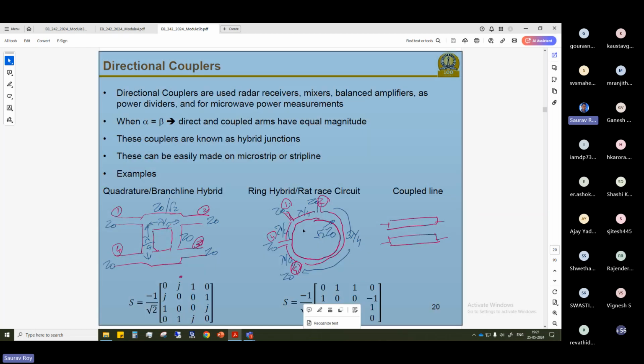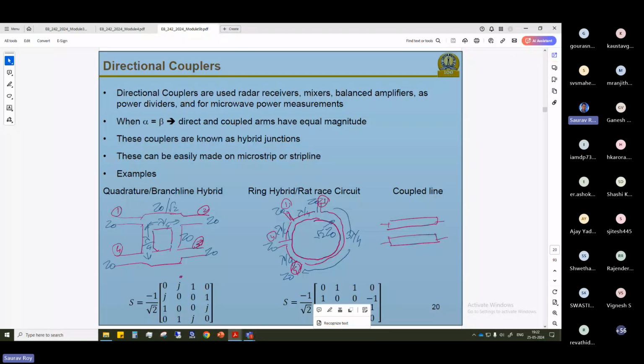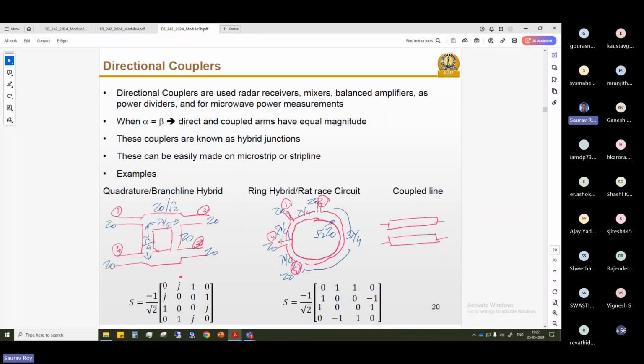In the case of the rat race, if you give power at port 1, the power will be divided equally, 3 dB, 3 dB. So that is the 3 dB loss you will have if you take it as a loss. Otherwise, if you have a very good lossless transmission line, there will not be any extra loss there.